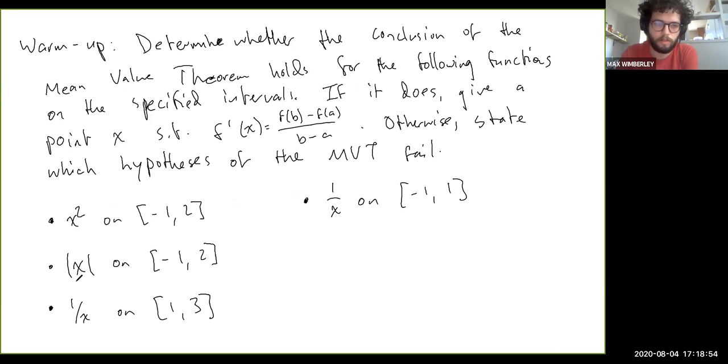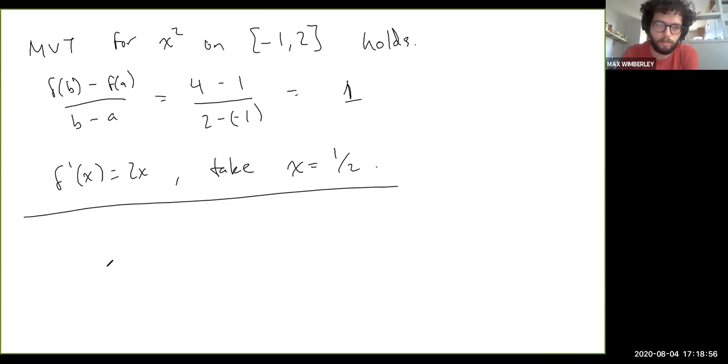Okay, let's see. So absolute value of x. The mean value theorem for absolute value of x on this interval probably fails, right? Because absolute value of x does not satisfy the hypotheses specifically.